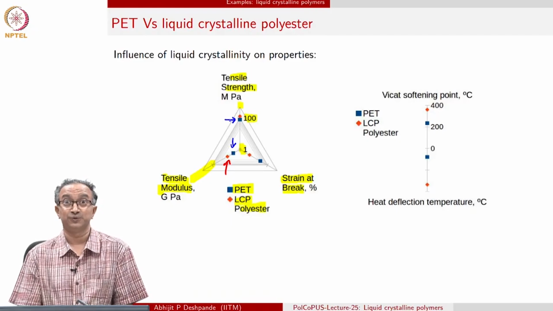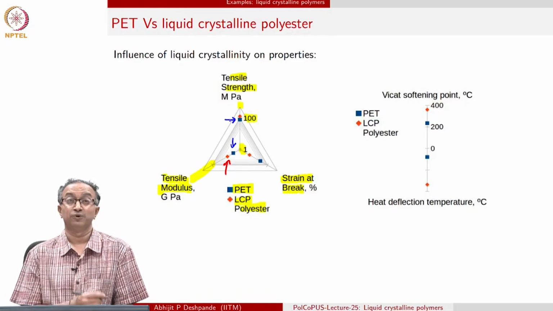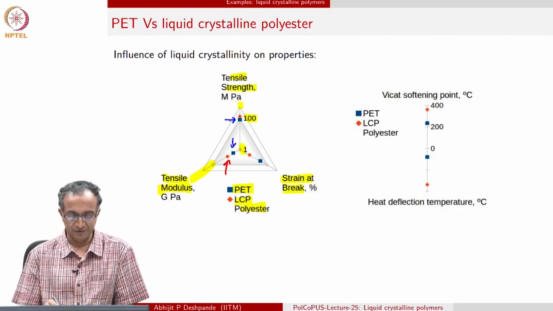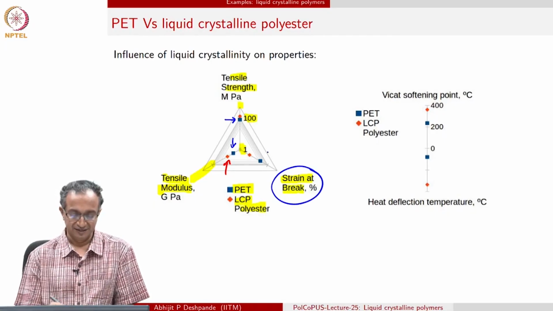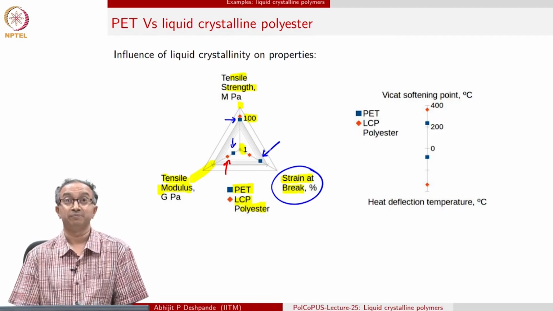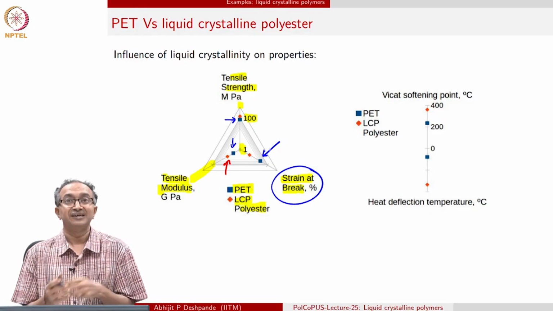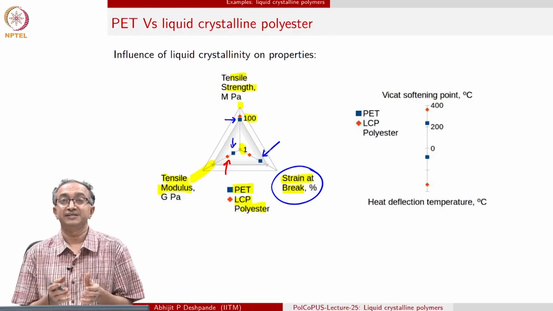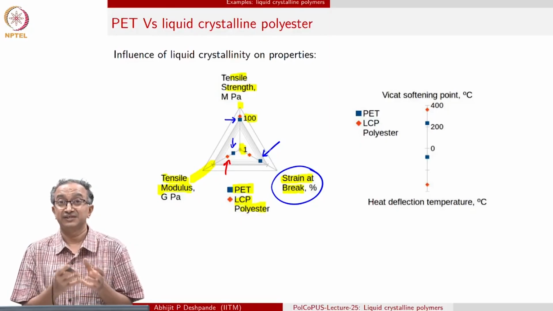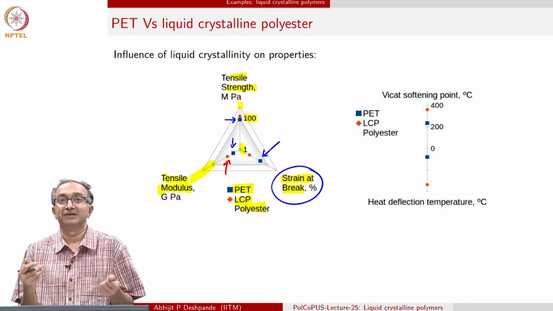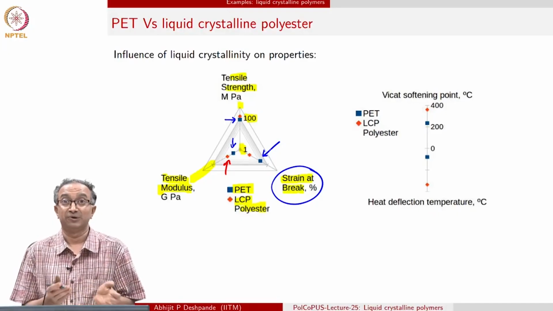So, the difference between the two is quite huge. It is more than 3 to 4 times for some of these property changes. But on the other hand, if you focus on strain at break, you can see that strain at break for PET is much higher. So, clearly PET is less stiff, it is less strong, but it is more flexible compared to the LCP polyester.